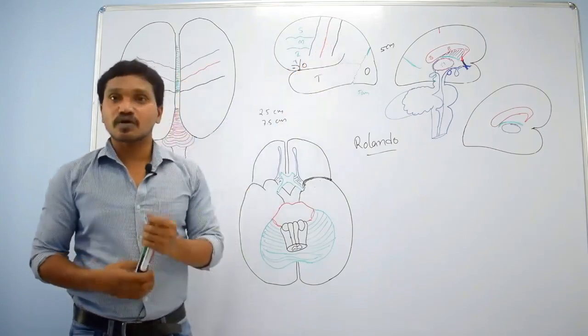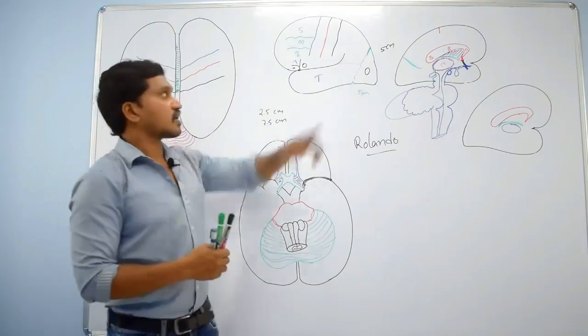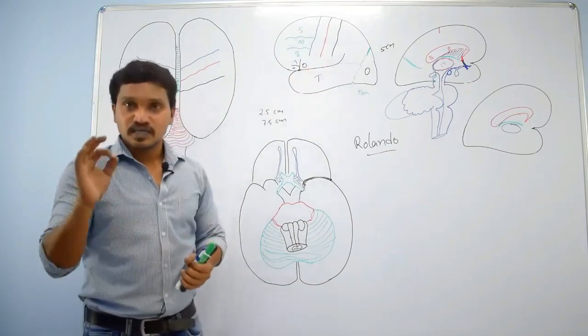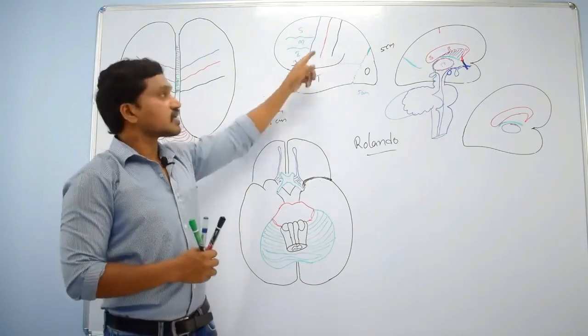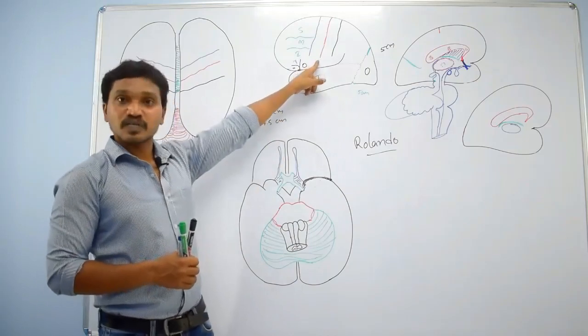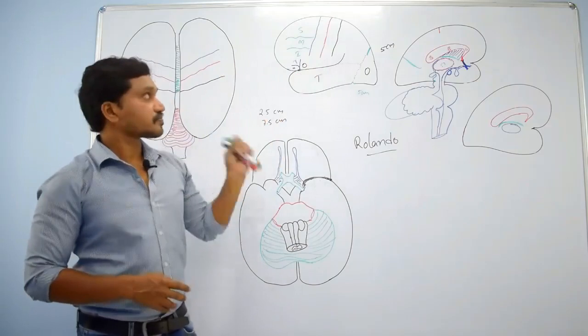This gyrus what we call post-central gyrus. Post-central gyrus is sensory. Precentral gyrus is motor, right? And this central sulcus is limiting sulcus. Clear?